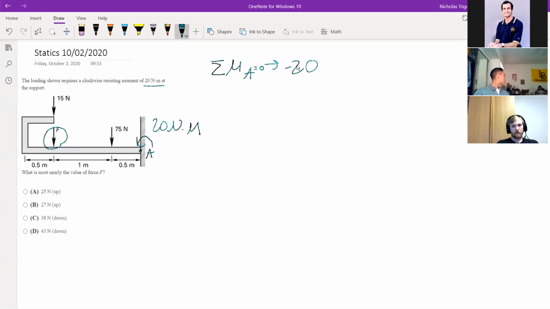It is negative 20 plus, now we're going to be doing some moment calculations here. So we're going to have 75 newtons times the moment arm, which is 0.5 meters.